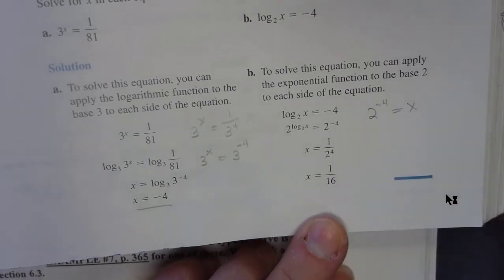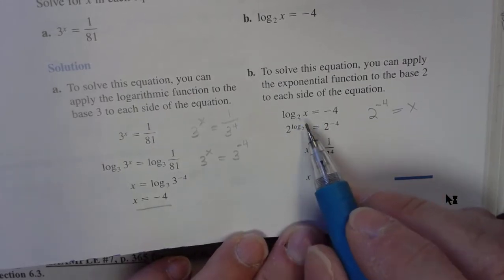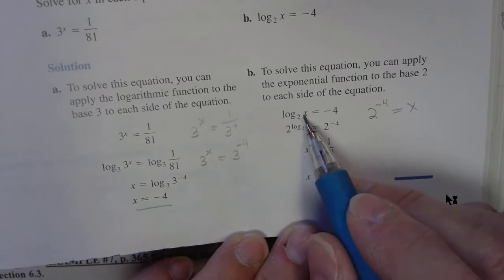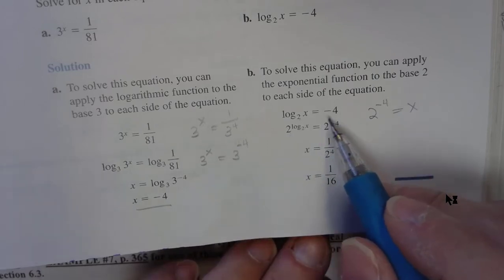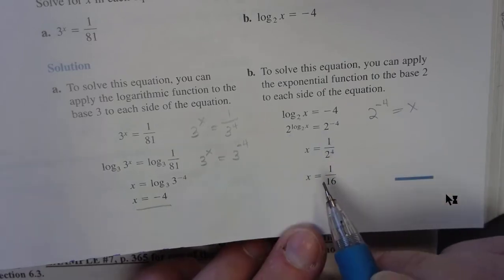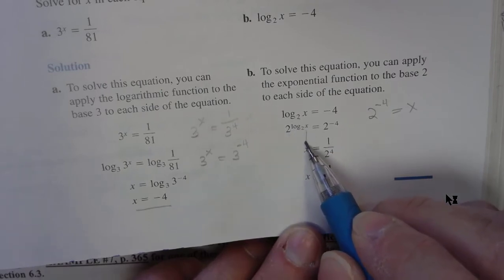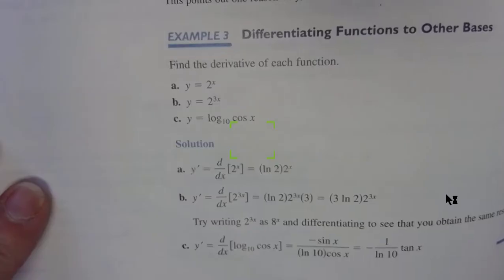There's your answer. But I could also, what this problem is doing is taking this power as an exponent on 2 and this side as an exponent on 2. And 2 to the log base 2 of x is x. And of course, 2 to the negative 4th is 1 over 2 to the 4th.